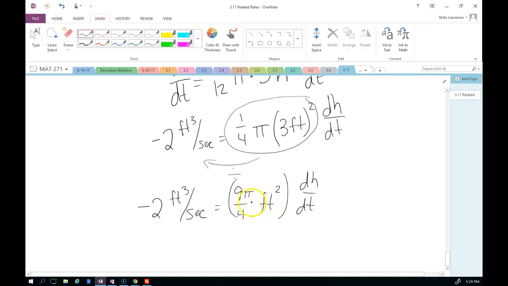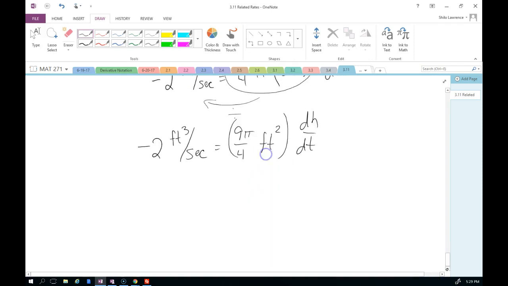And then I'll divide that 9 pi over 4 square feet to the other side. So we're going to do -2 divided by parentheses 9 pi over 4. And I've got -0.283 approximately. And the square feet will cancel.